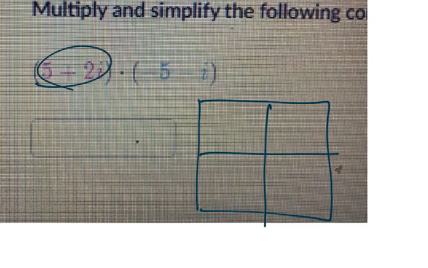Okay? I'm going to take 5 plus 2i. I'm going to times it with negative 5 minus i. See how I set it up in my box there? Okay? And now it's just a matter of doing the math correctly. Negative 5 times 5 is negative 25.